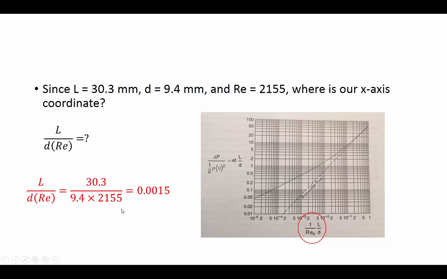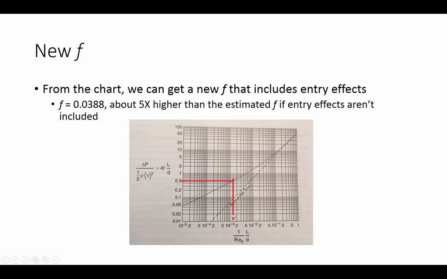It is 0.0015. We look for that on the graph, and then we follow it and get our new F that includes entry effects. The friction factor now is 0.0388, which is about 5 times higher than what was estimated if entry effects weren't included.